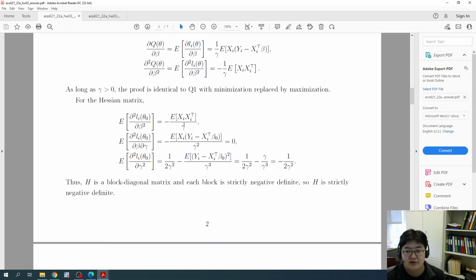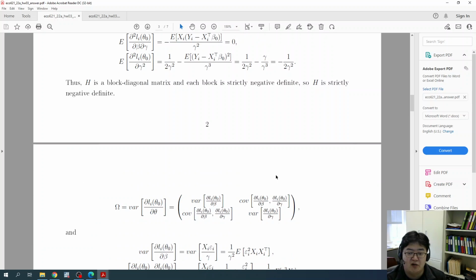This block is non-singular, obviously, from the full rank assumption, and this is non-singular as long as gamma is non-zero. So we can say that the Hessian matrix H is strictly negative definite, so the second order condition is satisfied. That's nice, going well.